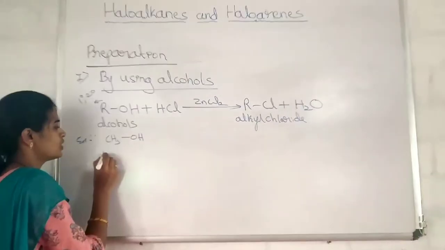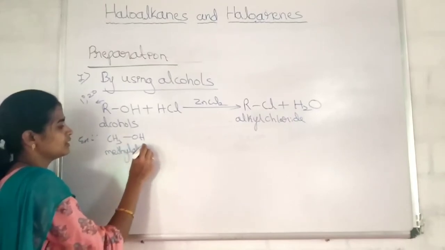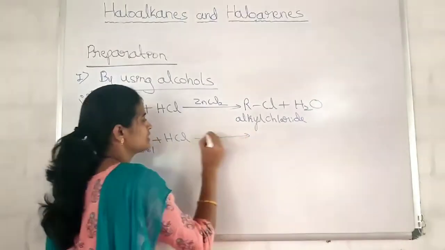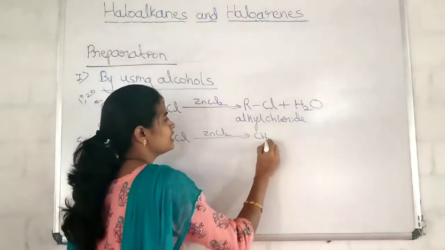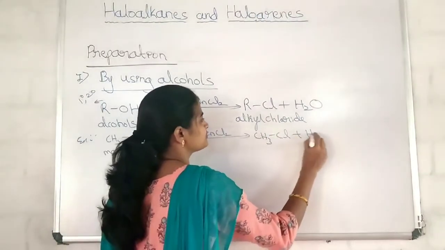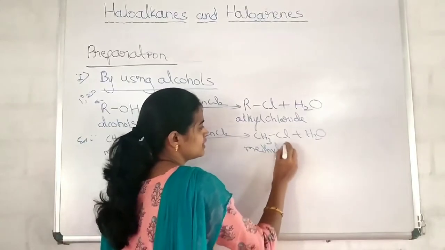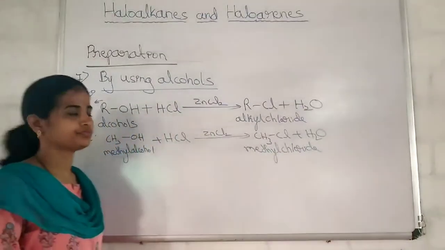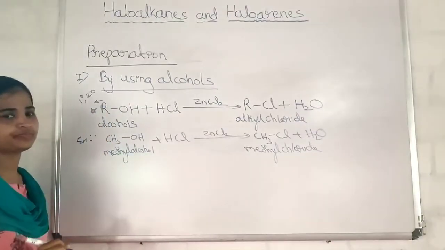CH3OH is methyl alcohol, plus HCl in the presence of zinc chloride as a catalyst, I'll get methyl chloride as the product. The name of this product is methyl chloride. This is one.